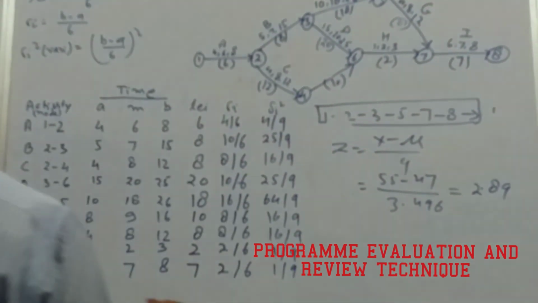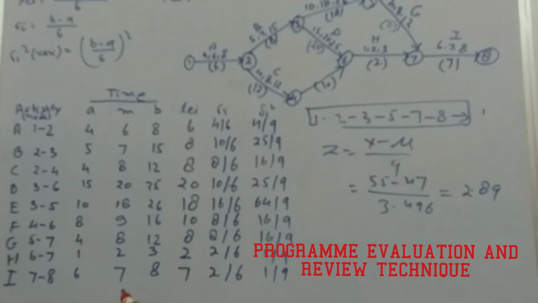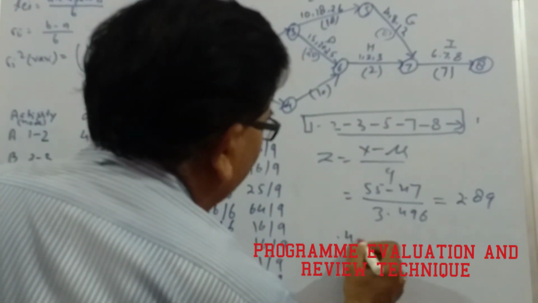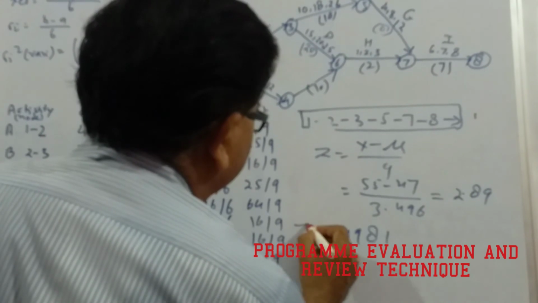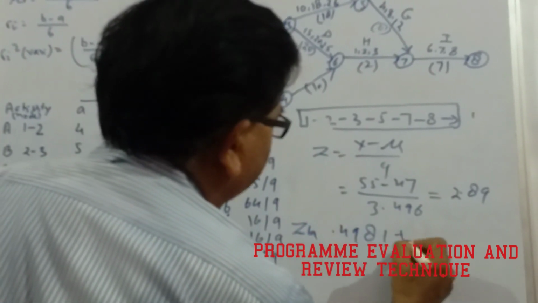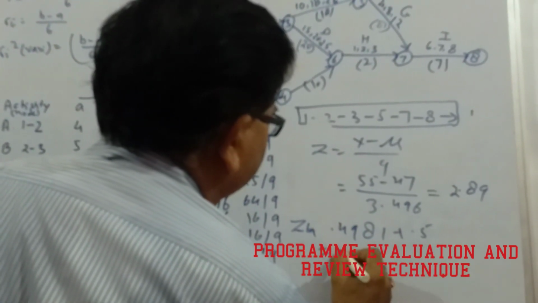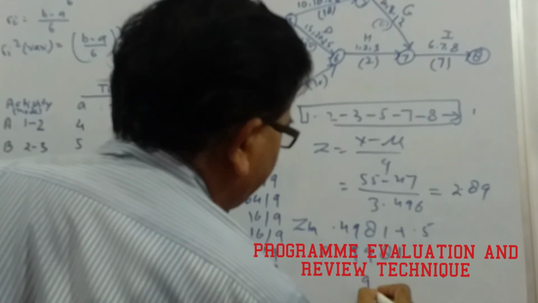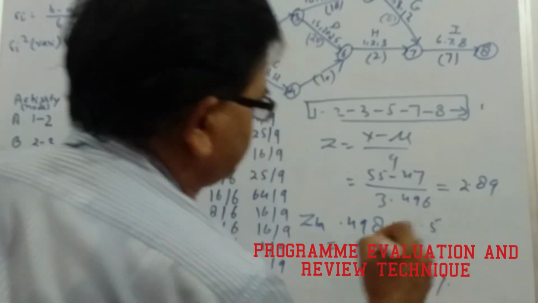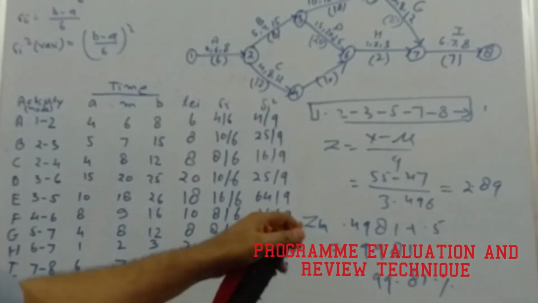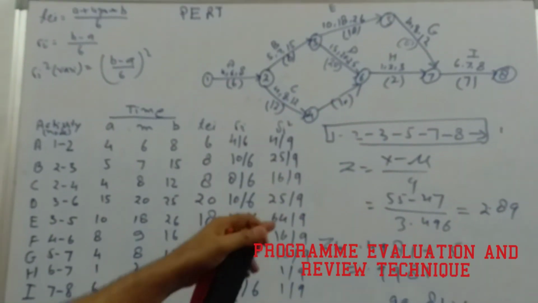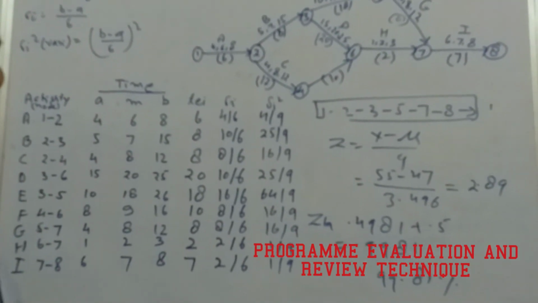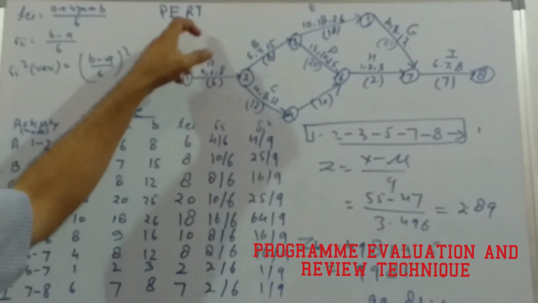So here the table value at Z is equal to 2.89 is basically 0.4981, Z table value, plus 0.5, so here it is 0.9981. That means 99.81% is the chance that the project can be completed within 55 days. That's how we can apply program evaluation and review technique.